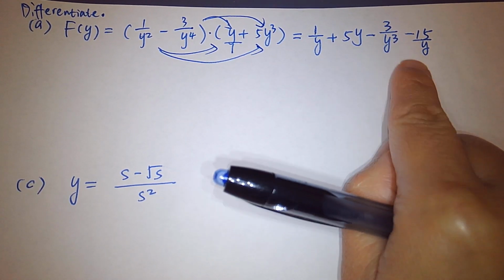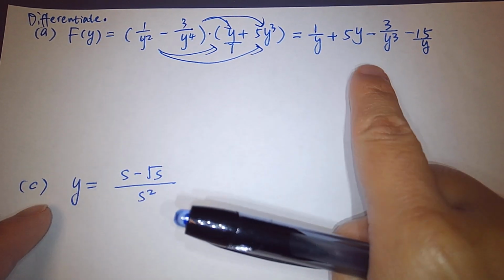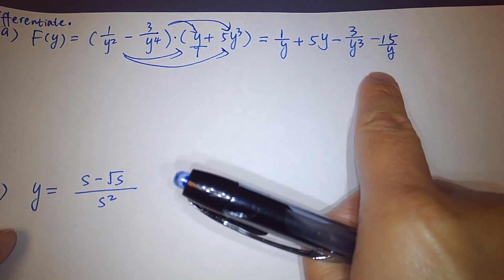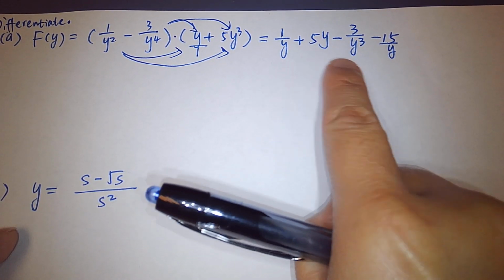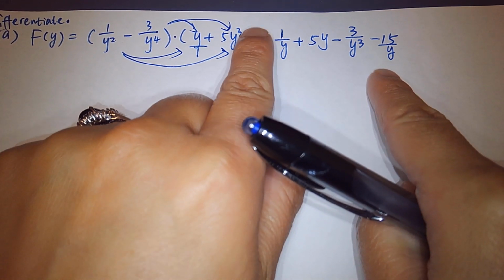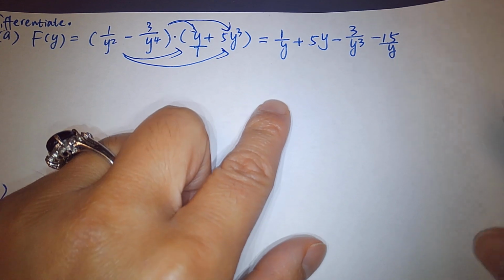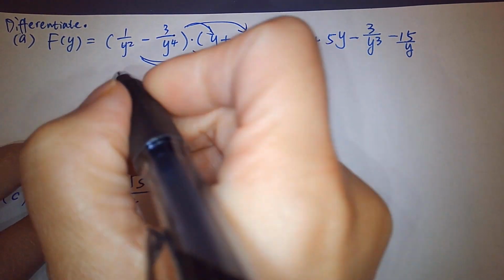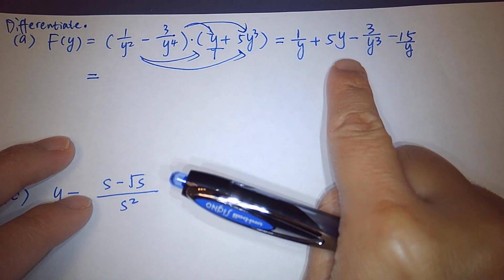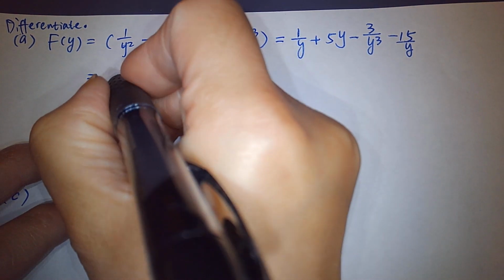Okay, well, before we do the differentiation, are there any like terms we can combine? Any like terms? 1 over y, negative 15 over y, are these two like terms? Yes or no? Yes, they are. Okay, they're like terms. So we're going to have a 5y.